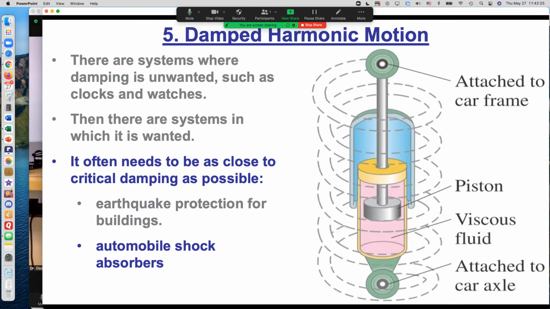So it takes time to push that piston through the viscous fluid. What is a viscous fluid that you can think of? Honey, molasses, right? Those are all viscous. Actually, everything has viscosity.